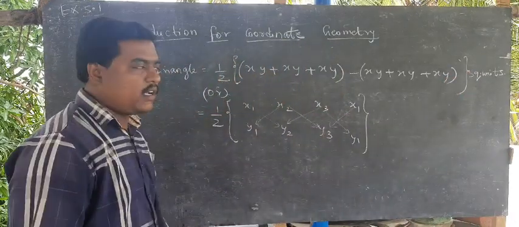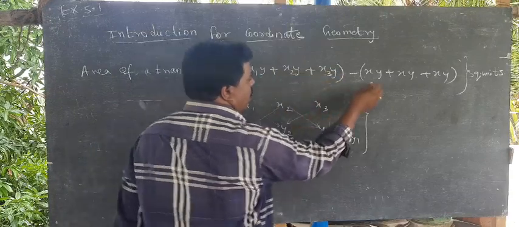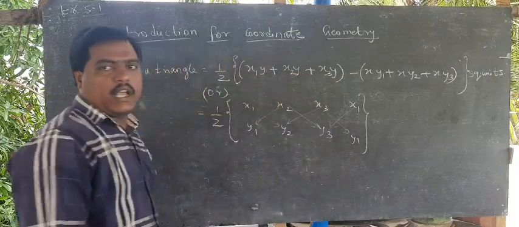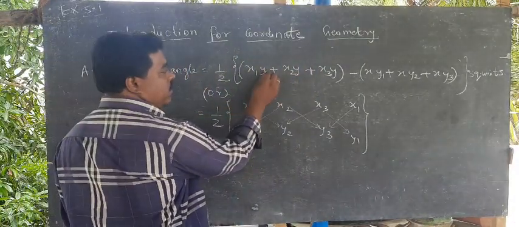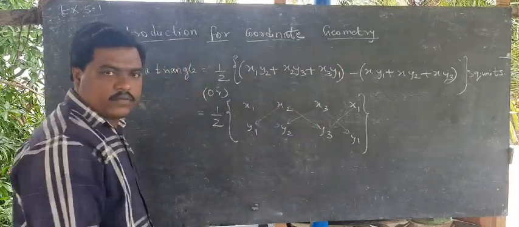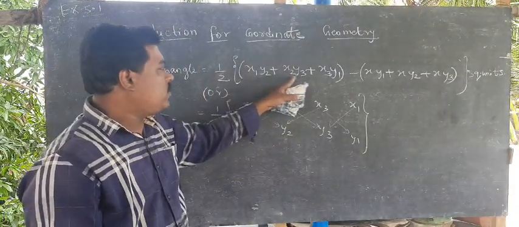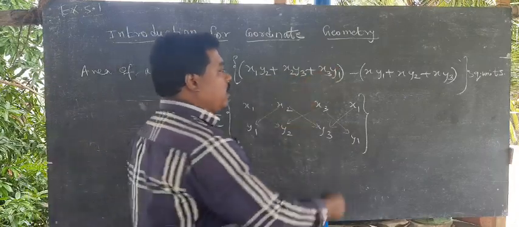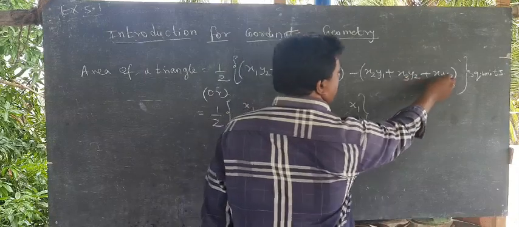Like this you write, and then x 1, 2, 3 and y 1, 2, 3. I write on both sides 1, 2, 3, and then 1, then 2, 3, 1. See, next we have 1, so I put y into 2, 3, 1. That is 1, 2, 2, 3, 3, 1.